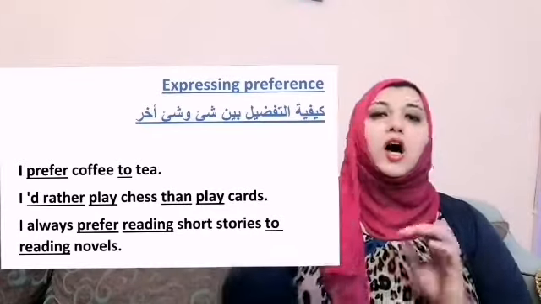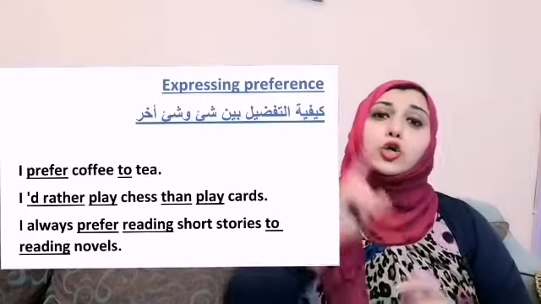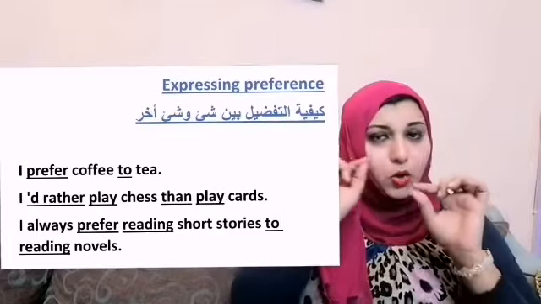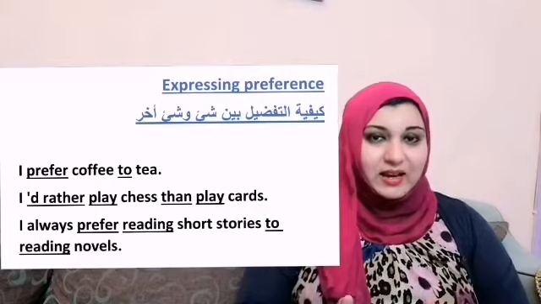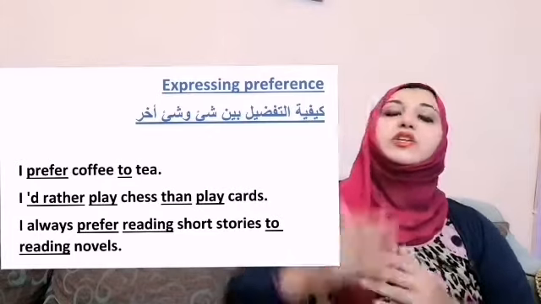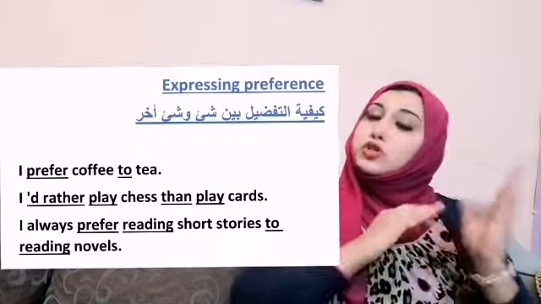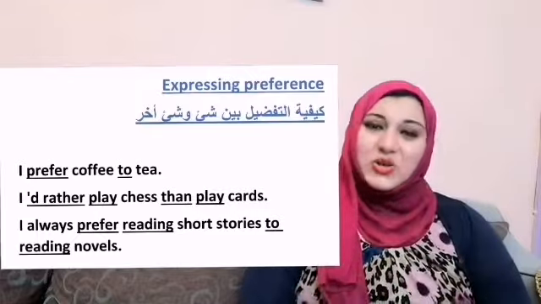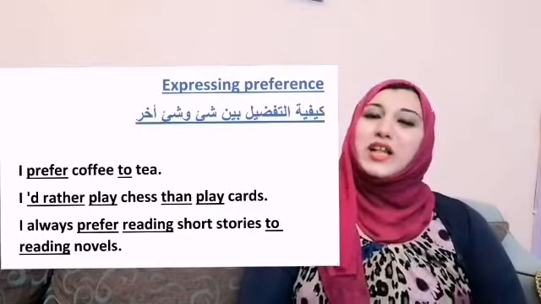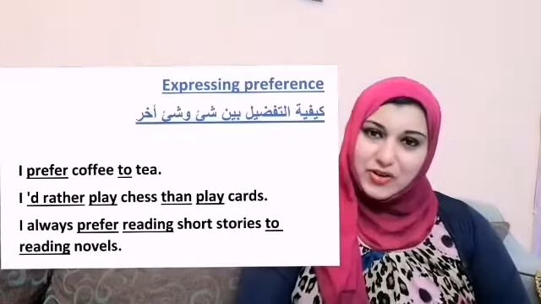For example, I prefer reading short stories to, we must say to in the middle, على reading, again gerund ing, reading novels. For example, I prefer reading short stories to reading novels. And these are some forms when you'd like to express something you prefer.